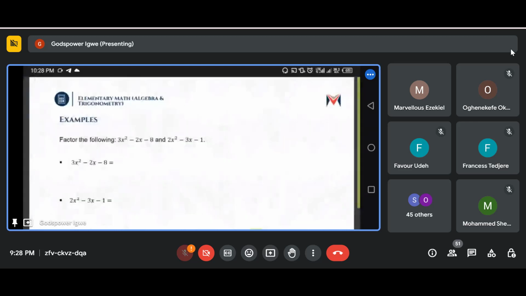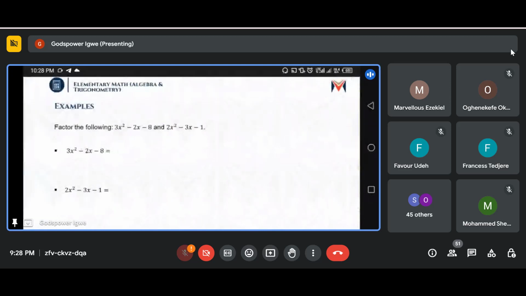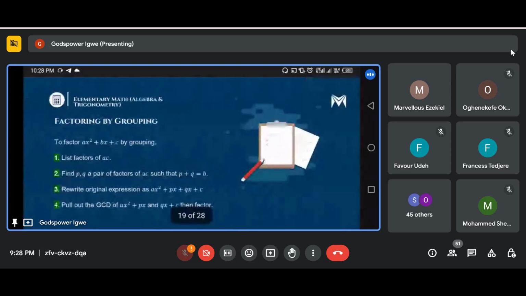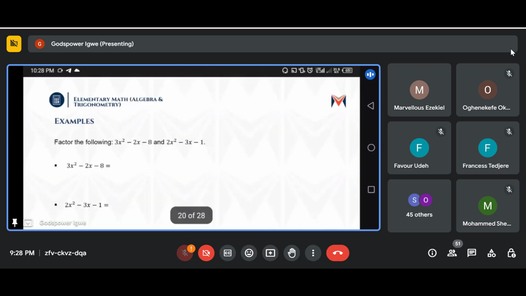Or use the quadratic formula and go. We've taught all this. Today we wanted to teach all this and we've taught them. So use the quadratic formula and go. If not, divide both sides by 3, or multiply the 3 by the 8. Then you look for two numbers that when you multiply them, they give you the product.